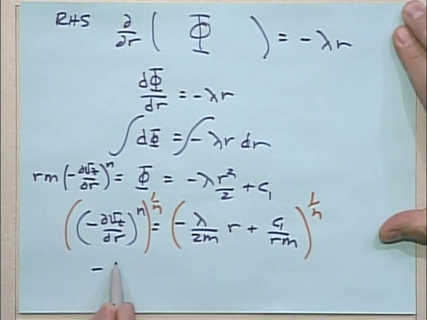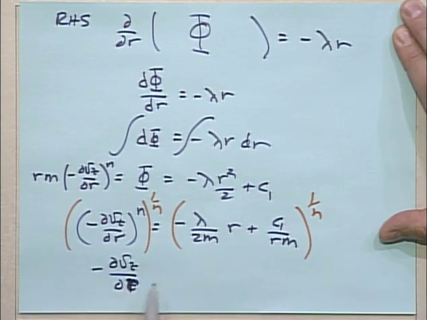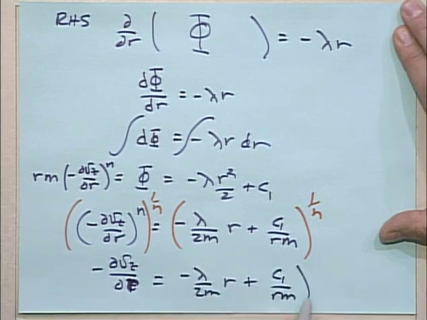And you get minus dvz dr equals this big mess: minus lambda over 2m r plus c1 over r to the m, all to the 1 over n.